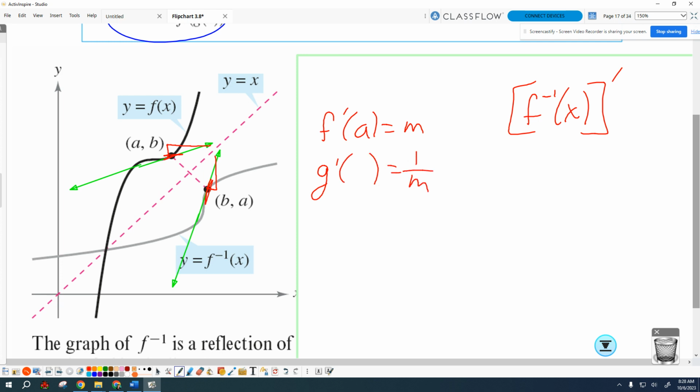The derivative is going to be the reciprocal, but at what coordinate? What value? B. So when you're like, well, it's at x, well, this guy's x is that guy's y.